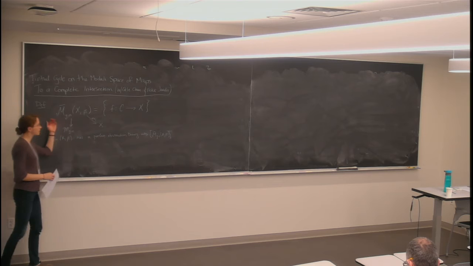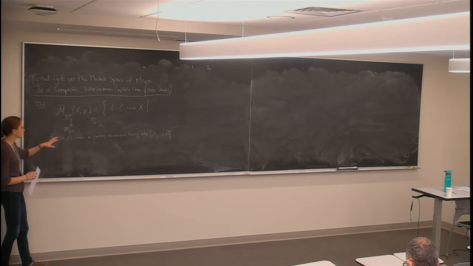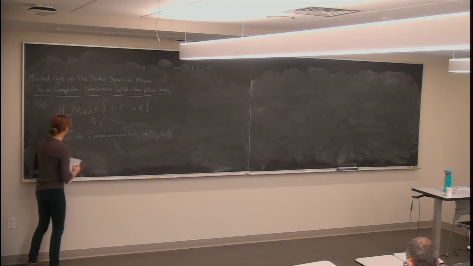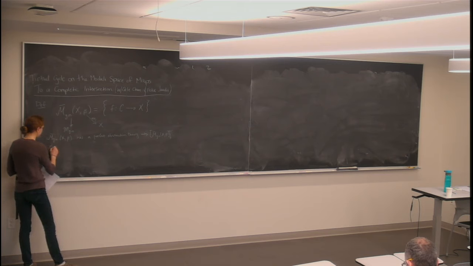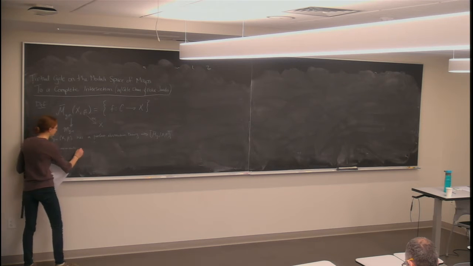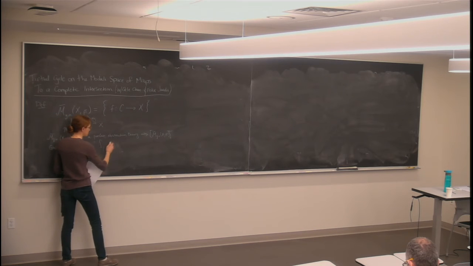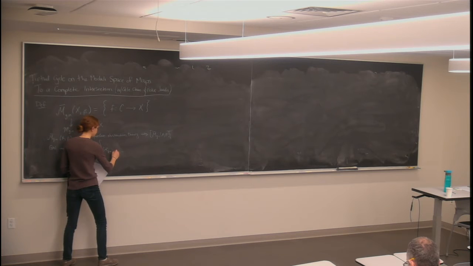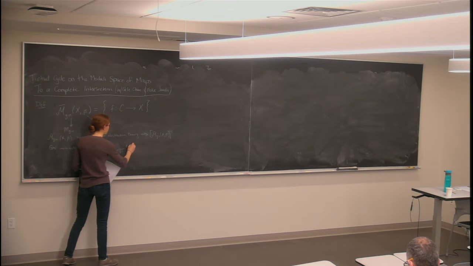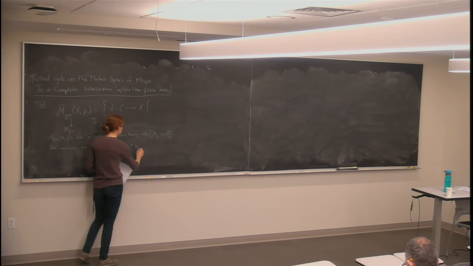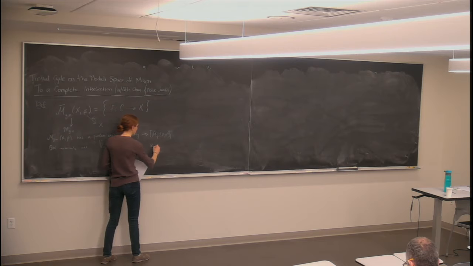And it's that class that lets you define the Gromov-Witten invariants. The invariants are integrals against that virtual class of pullbacks of cohomology classes on X.